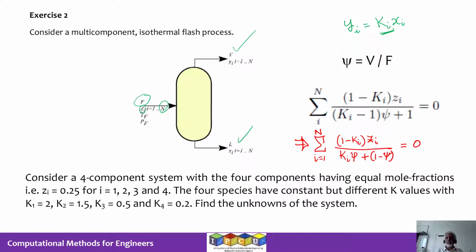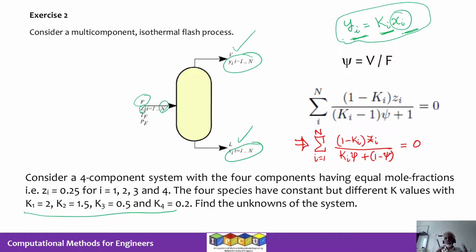So the yi's are the compositions of the species in the vapor stream, and the xi's are the compositions of the species in the liquid stream. Because they exit that vessel, we assume that they are in thermodynamic equilibrium. So the composition of a particular species i in the vapor stream is related to the composition of the same species in the liquid stream by this simple relationship. This is a linear thermodynamic relationship that we have.